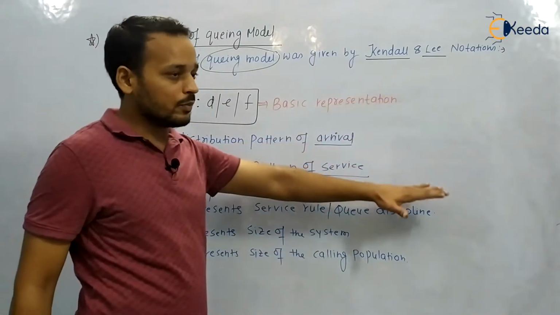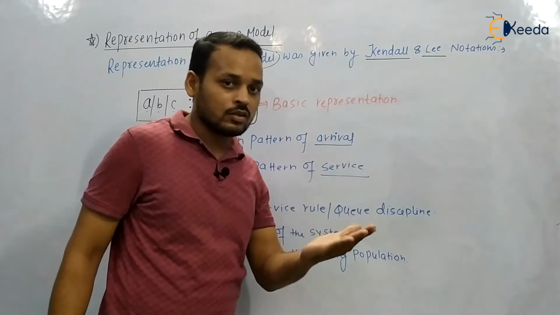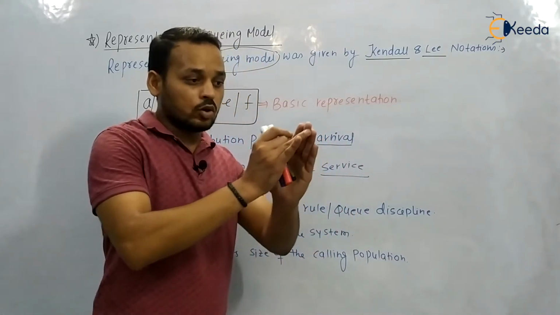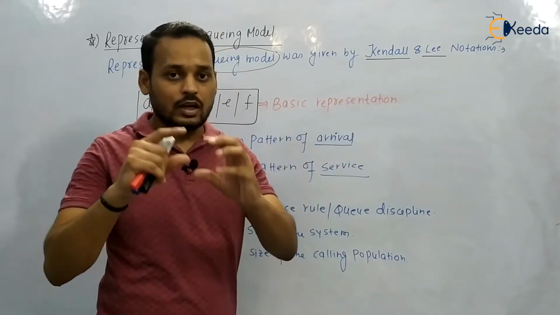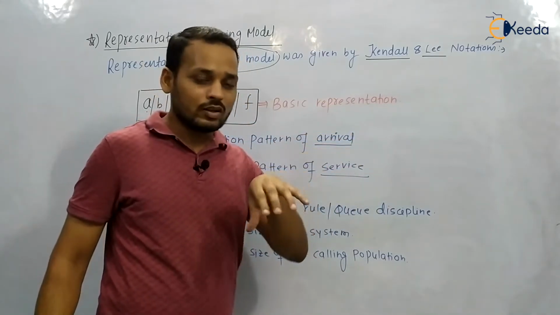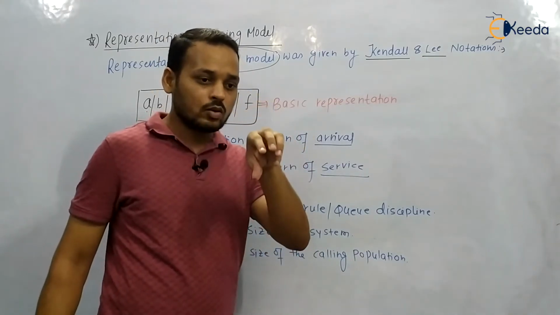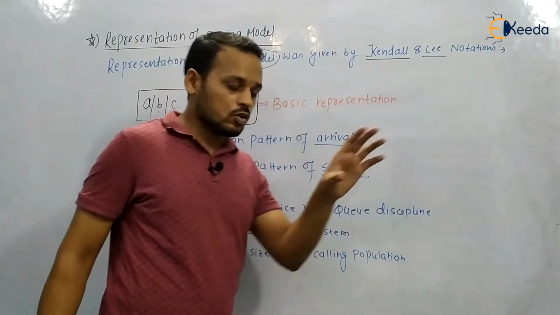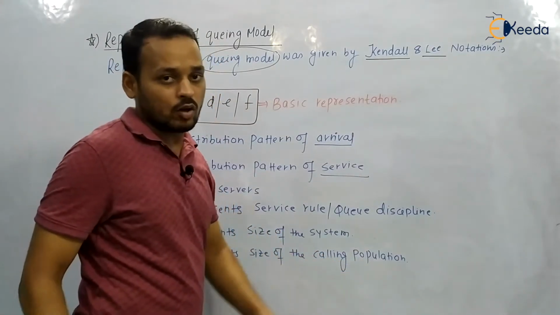In case of infinite, we have seen the examples of the doctors, and in case of the finite model, we have seen the examples of maintenance of a job. Only a fixed number of people can come and do the maintenance. Anyone cannot arrive and do the maintenance. So only a fixed number of people are there who are going to do the maintenance of those jobs. So the size of the calling population can be finite or infinite.